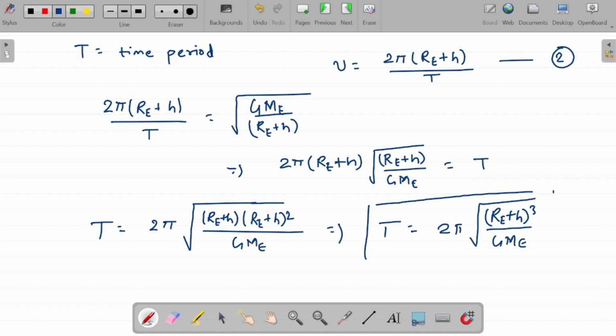And now you can see here it is following Kepler's law of planetary motion, and specifically the law of periods.